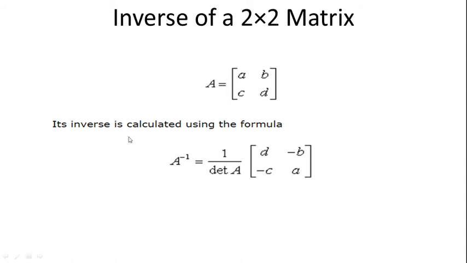The inverse can be calculated using the formula A inverse is equal to 1 upon determinant of A, and we just swap the positions of a and d, so it becomes d, a, and b and c are negated. That is, b becomes minus b and c becomes minus c. This is the simple formula to calculate the inverse of a 2 by 2 matrix.